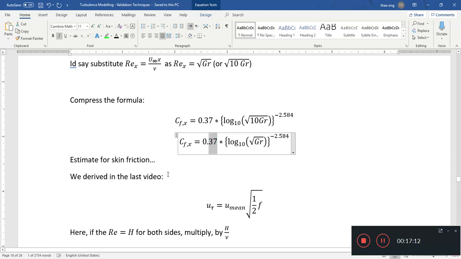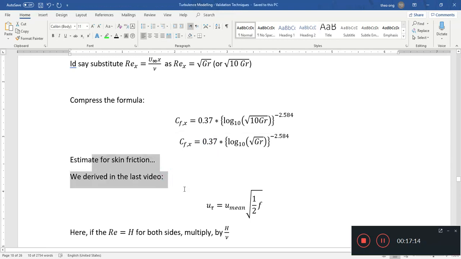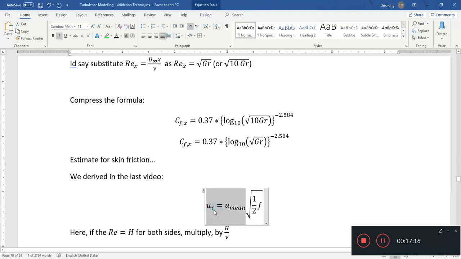And remember, we derived in the last few videos that U tau equals U mean times the square root of half the friction coefficient.